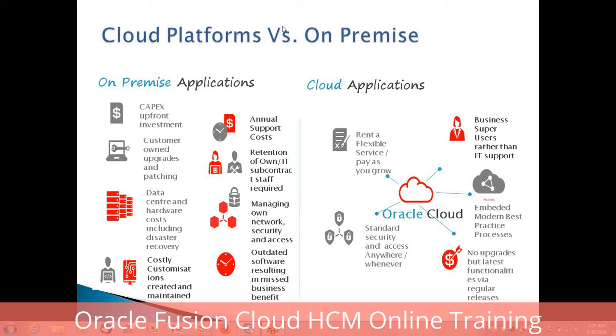It is on the road map, and probably they'll release it in the next 1 or 2 months. So that's how, after every release, they are streamlining the best processes available to the market as per the business, and they are also streamlining the functionalities so that most customers get benefit out of that. So these are some of the differences between cloud and on-premise applications in general.